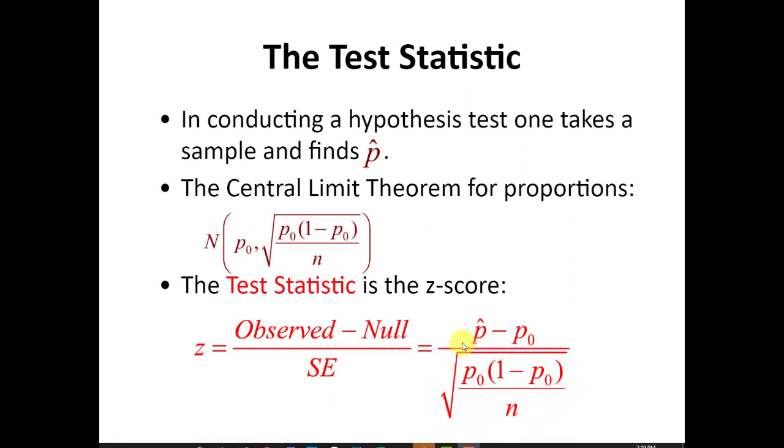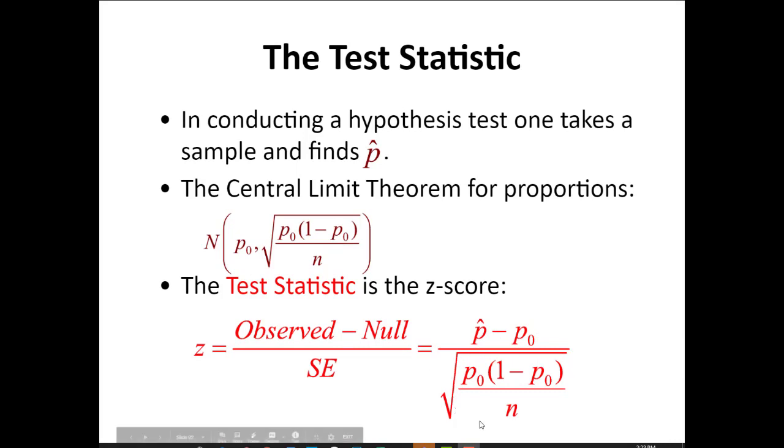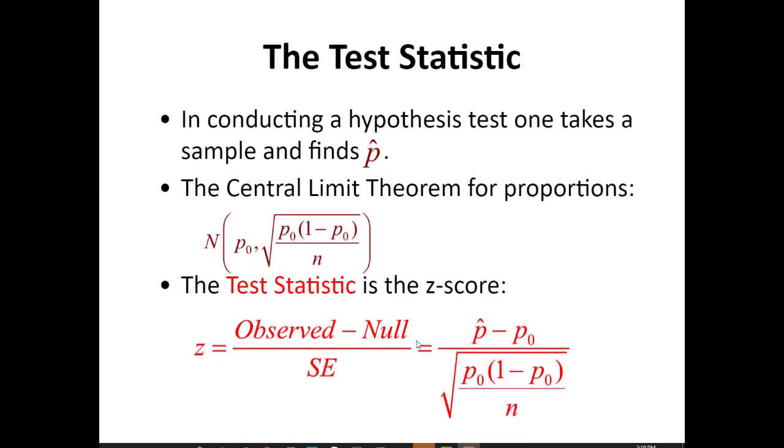So you're going to take the difference of the observed proportion from your null proportion, and then you're going to divide that by the standard error using the standard error formula for proportions. At first glance, this might look complex, but it's not that big a deal. We're going to walk you through it and you're going to do great.